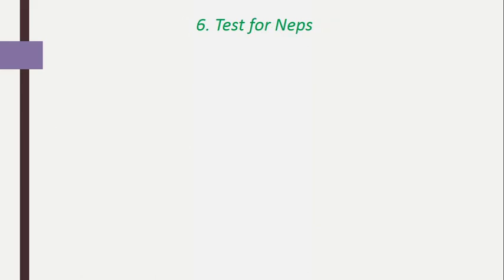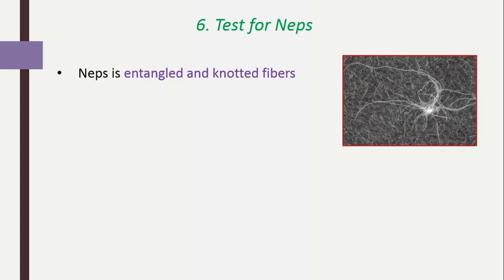Here is the test for NEPS. First we will see what NEPS is. NEPS are entangled and knotted fibers in the absorbent cotton. You can see here a knot formed by a fiber of the absorbent cotton. That is called a NEPS, as well as the entangled masses in the absorbent cotton.